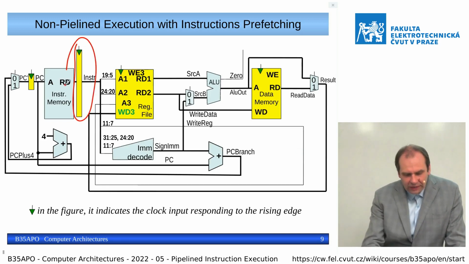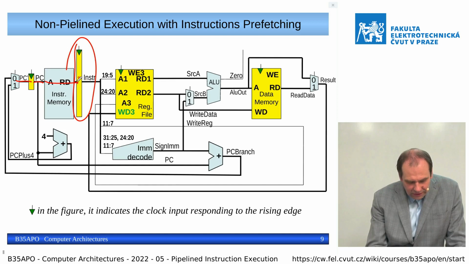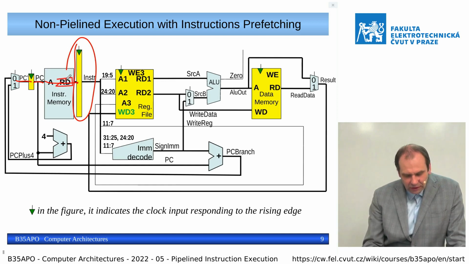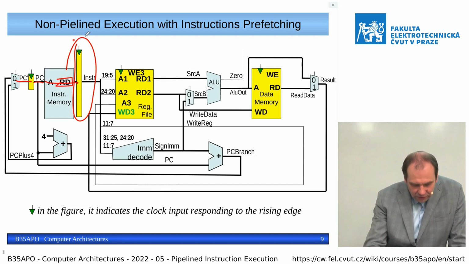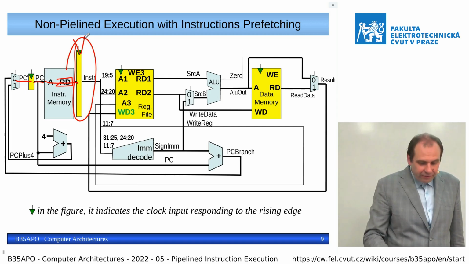So each clock cycle we select the address from the program counter, read the value of the instruction, the machine instruction, and store it into the interstage register, the fetch buffer.